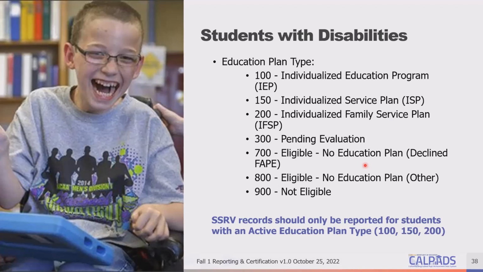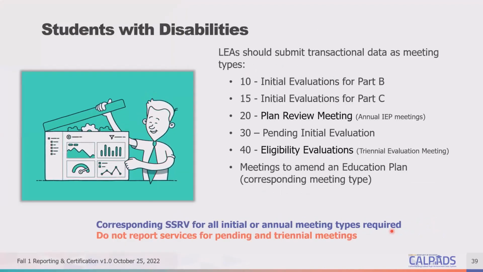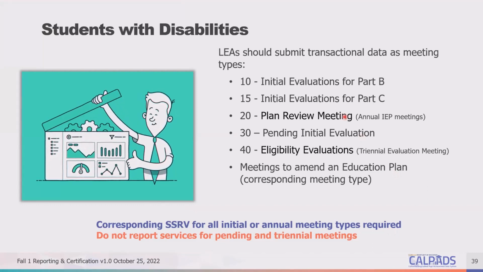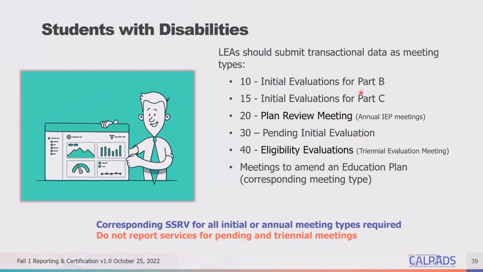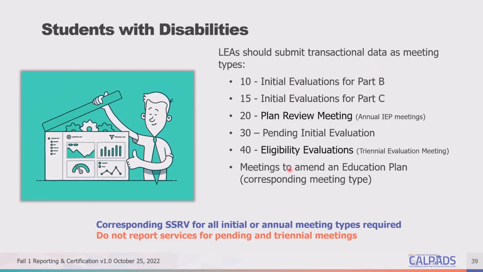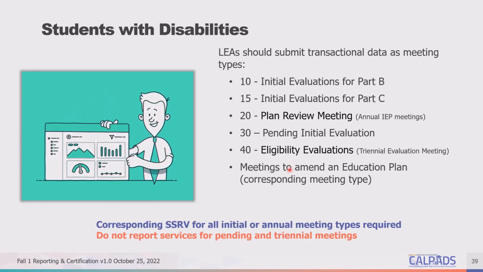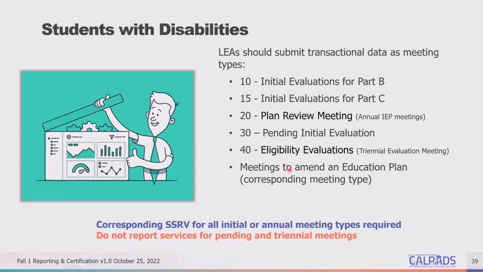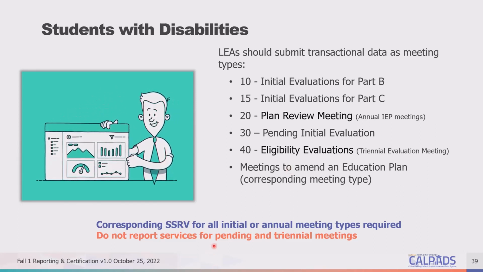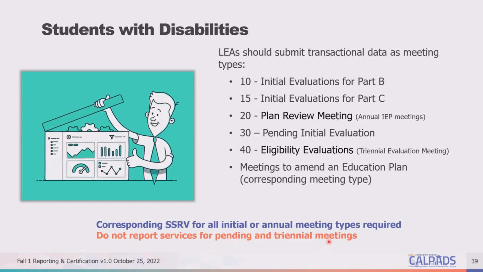So if your students are reported as SPED, then of course, they are included in the subgroup of students with disabilities. And part of the SPED reporting is the submission of their meeting types. So these are the meeting types that are expected for you to report in CalPADS. And there are specific meeting types that do not require a service, which is basically pending and triennial meetings.